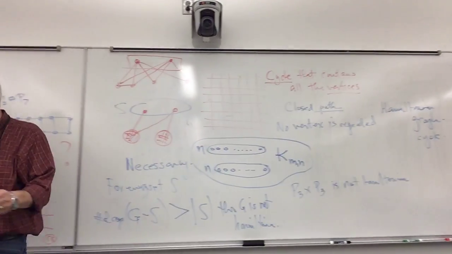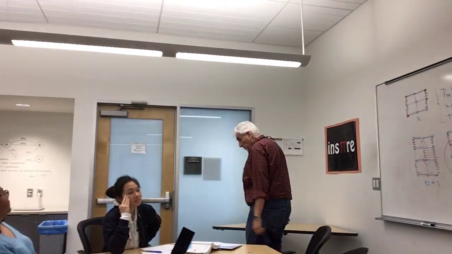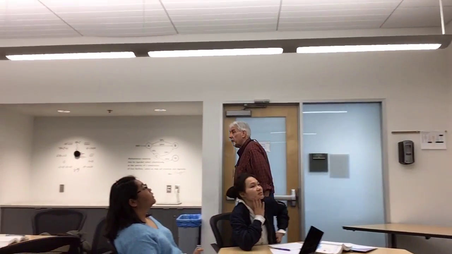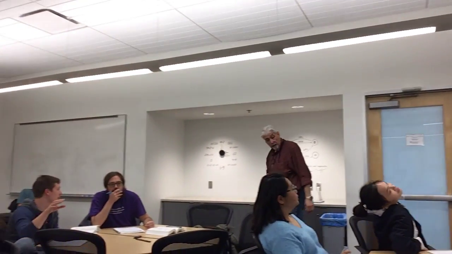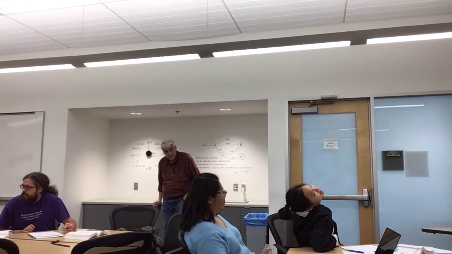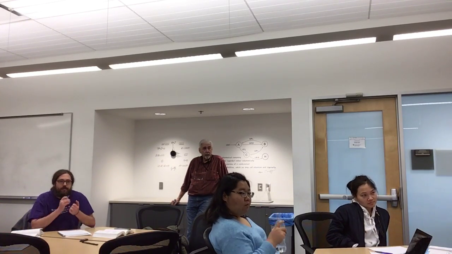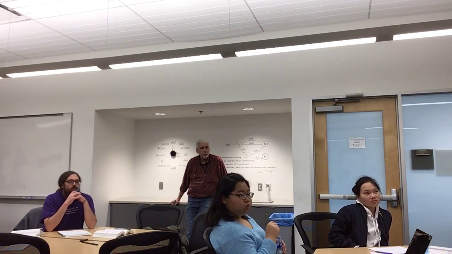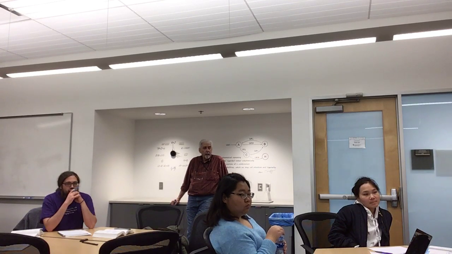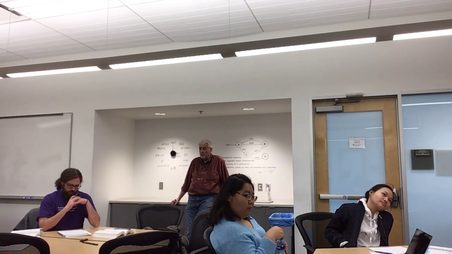Well, let's start with how many edges are in the complete bipartite graph. In that case, m times n edges. Every vertex on the top is adjacent to all n vertices on the bottom.